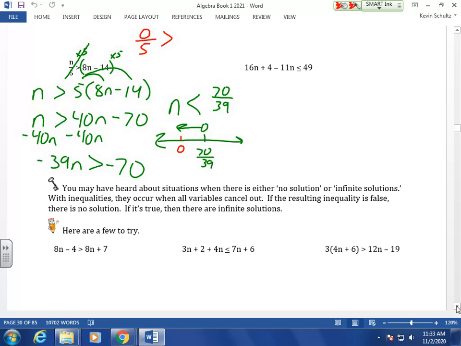We have 0 divided by 5 greater than 8 times 0 minus 14. 0 divided by 5 cancels out to be 0. 8 times 0 cancels out, and we're left with negative 14. Is 0 greater than negative 14? Yes. And so we can be confident that we are good to go. Okay.